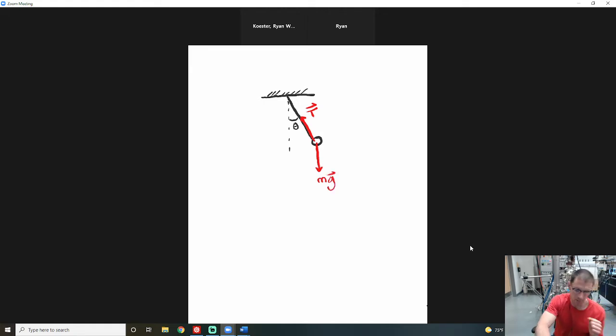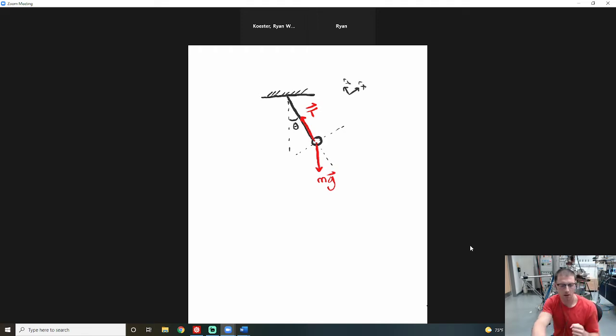And that's it, right? So let's choose some axes, and in this case I think it makes sense to choose rotated axes. So we're going to say that this line here represents my x-axis, and this line here represents my y-axis. So maybe let me specify that too. Y hat, x hat.